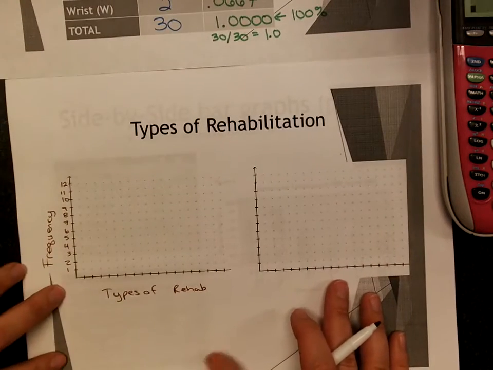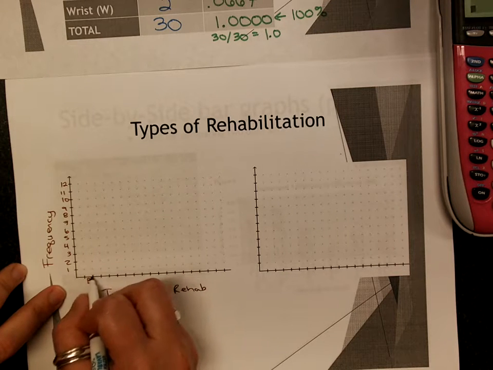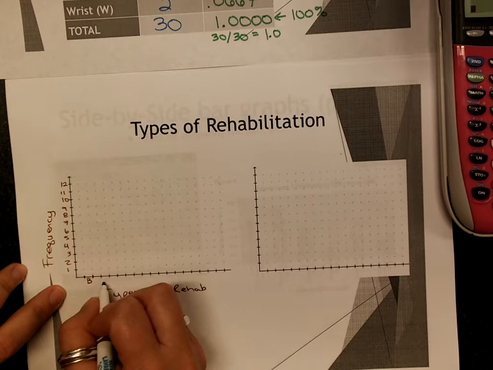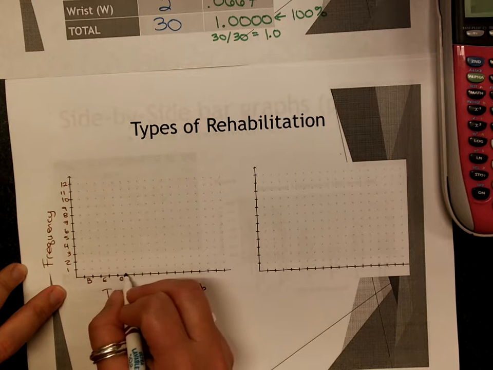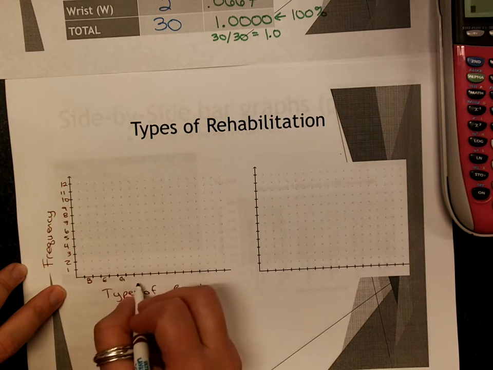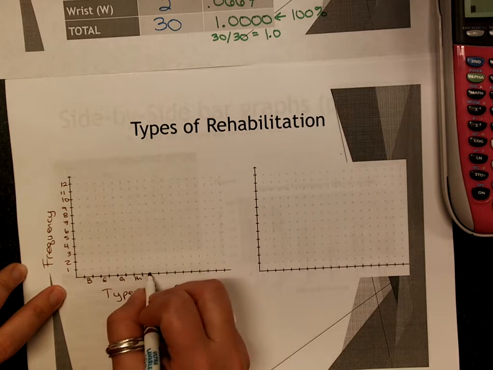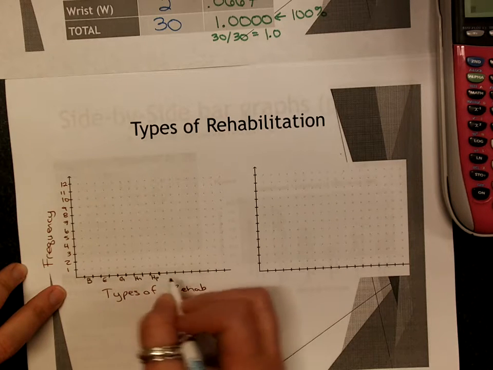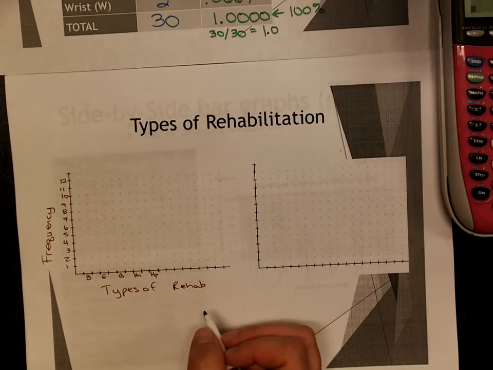I'm going to write them between the tally marks, starting with B for back. Then I'm going to skip a space, and then E for elbow, skip a space. G for groin, skip a space. HN for hand, and then HP for hip, and I'm skipping a space every time.